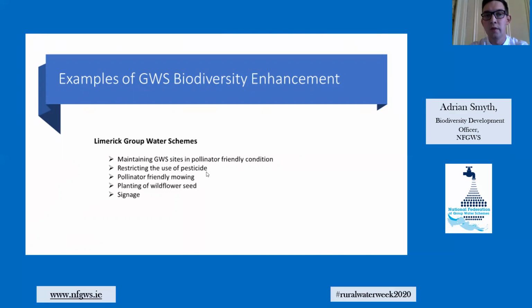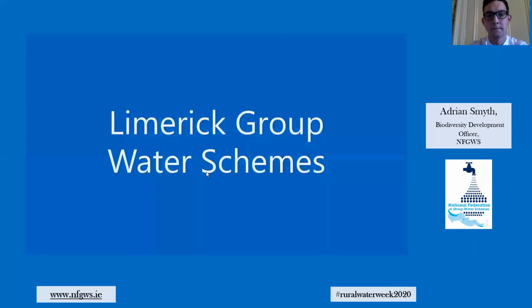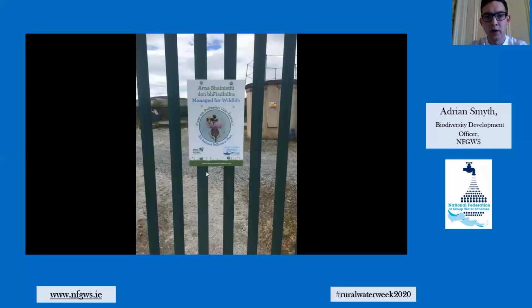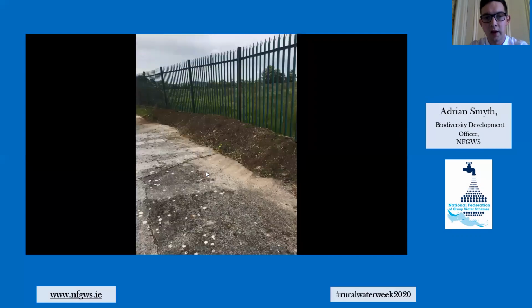So I'm just going to show you a very quick video of what has happened in Limerick, to give some of you at home some ideas of what can be done. You can see here some signage up on the gate, and you can see some of the areas that are being prepared to put in these measures.